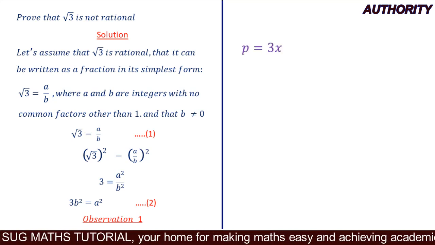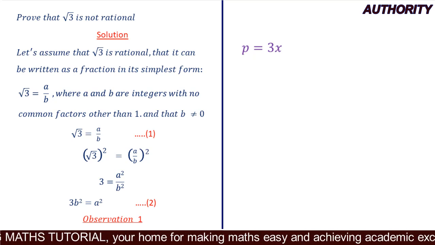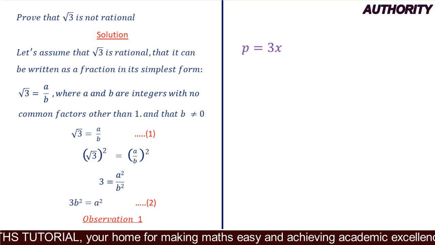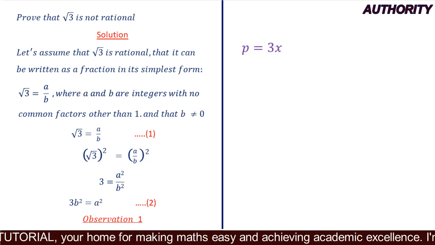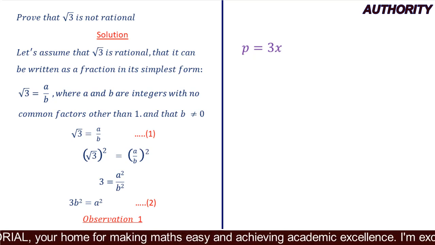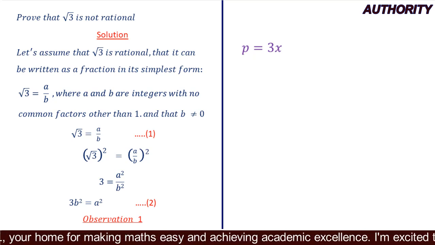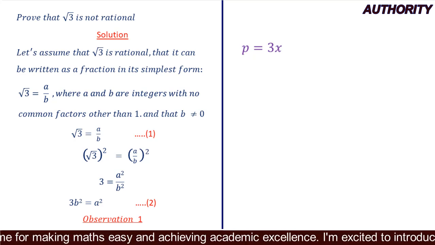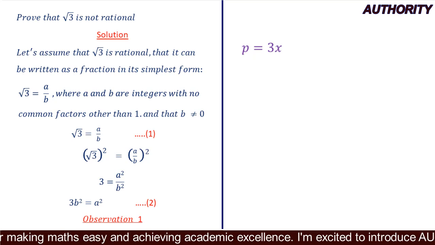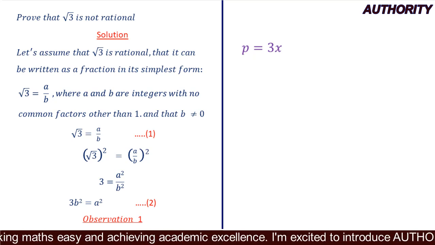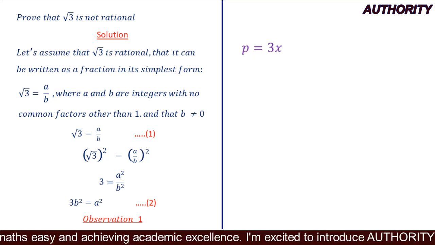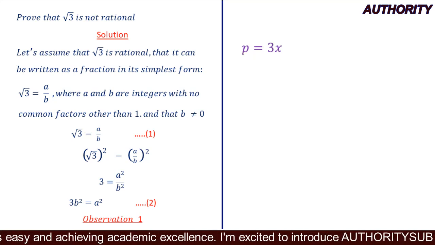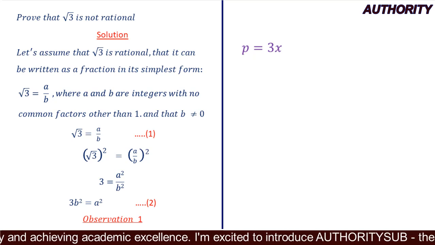When we have p is equal to 3x, please pay attention and understand what I'm going to explain now. When we say that p is equal to 3x, for whatsoever being the value of x, you bring the value of x, maybe any number, and multiply it by 3. That is the same as p, right?